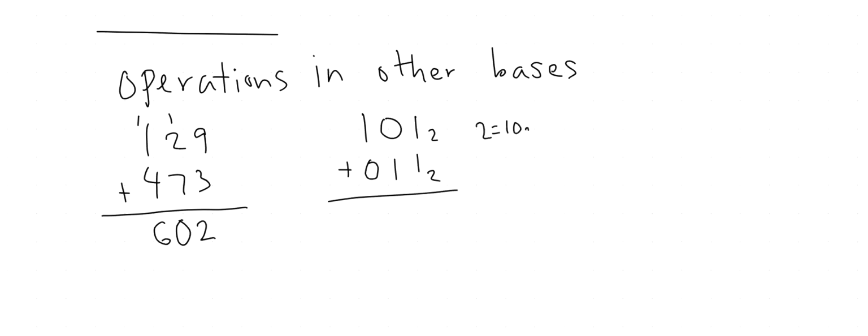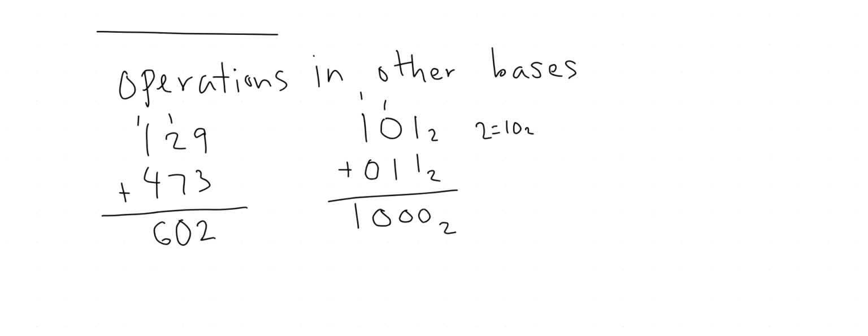So what we actually want to do here is we put a 0 and then we carry a 1. And then we have 1 plus 1, which is 2 again. And then we carry another 1. So in the end, you would get 1000 base 2. Same principle for base 8 and base 16.